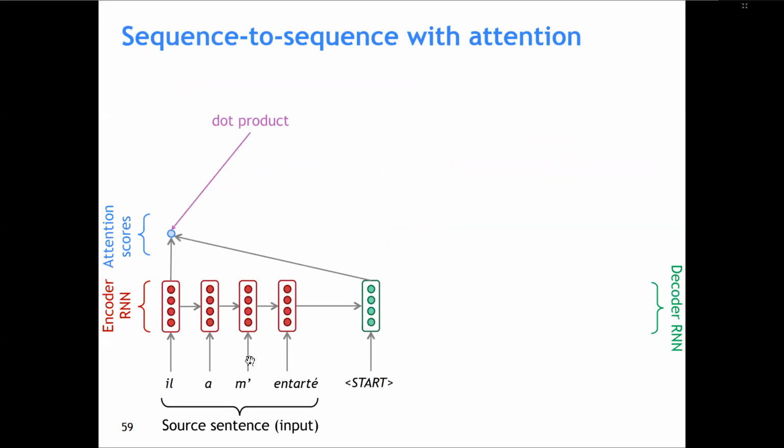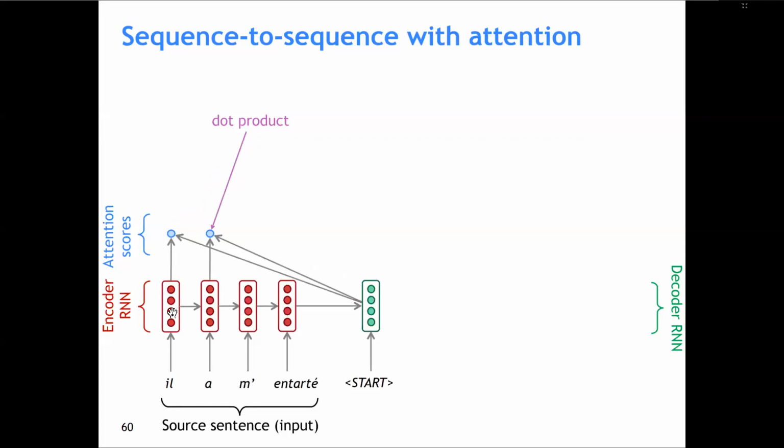One simple way to do attention is through the dot product. Say this is your hidden state. You take a dot product with the first hidden state in your encoder RNN. The dot product calculates similarity, so if two vectors are more alike, you get a high score.